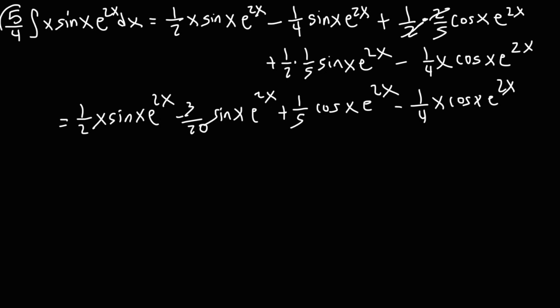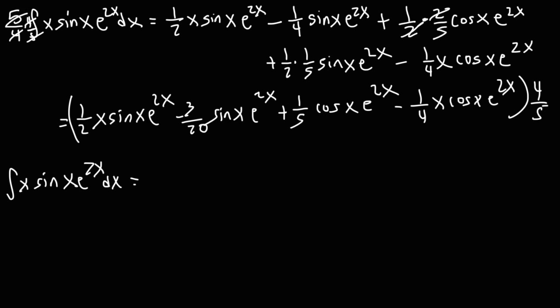Now, we need to replace the 5/4 with a 1. So we're going to multiply every expression by 4/5. So the 4's will cancel, the 5's will cancel. On the left, we're going to get the integral of x sine x e to the 2x. These will cancel. 4 divided by 2 is 2.